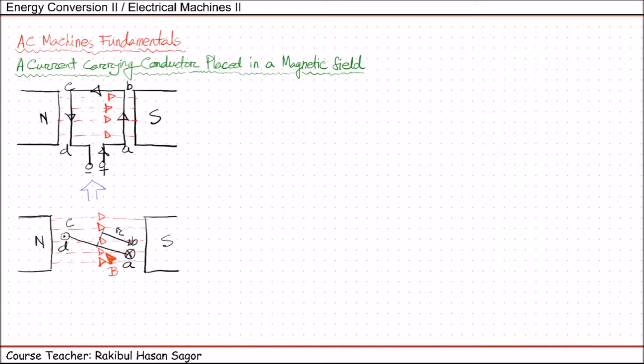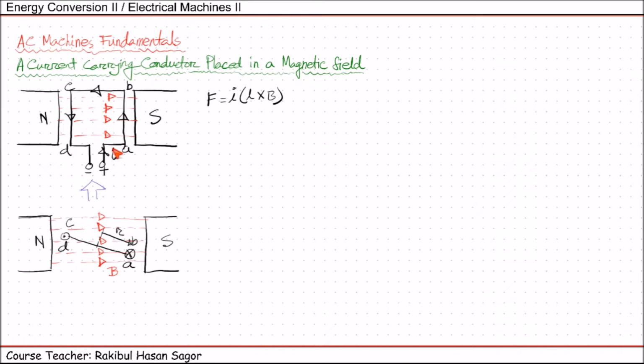Hence, instead of showing the linear force that is exerted on this wire, it will be wise to express the force in terms of the rotational equivalent of the linear force, that is torque. The linear force of each segment of the loop can be expressed by this equation F equal to I into L cross B, where I is the current magnitude that is flowing through this wire.